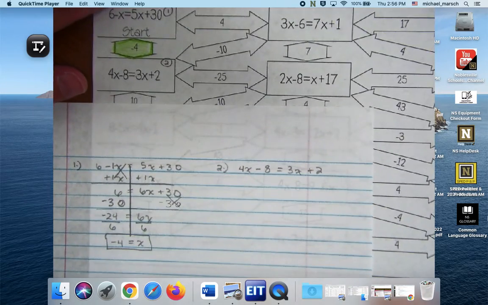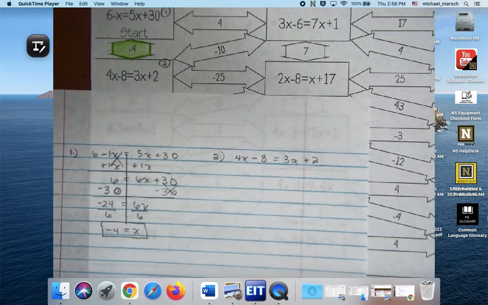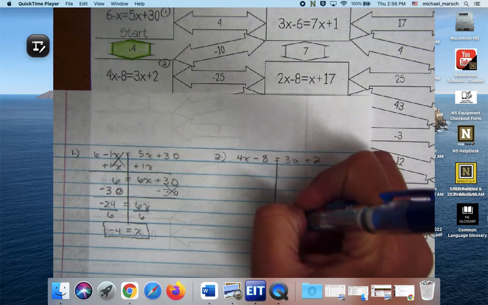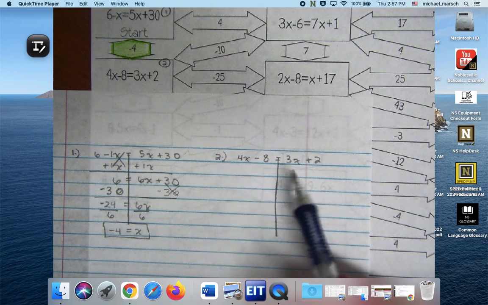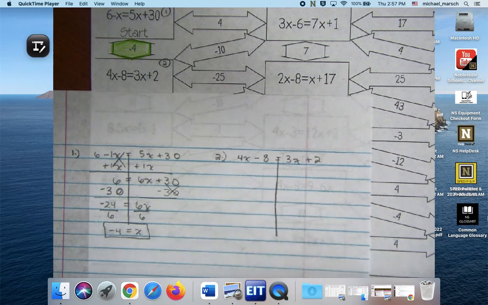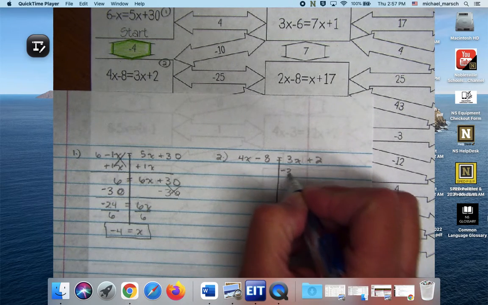So now I've got my second equation ready to go. I'm going to draw my wall of equality. Am I going to subtract 4x on both sides or subtract 3x on both sides? 3. I'm going to do 3x so I don't end up with a negative x.